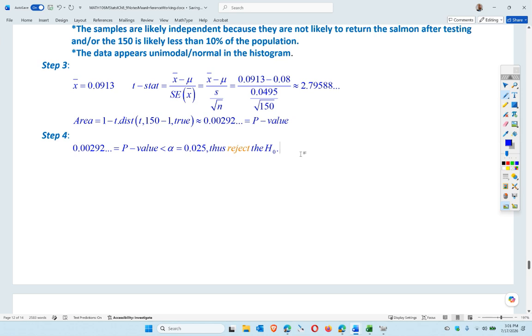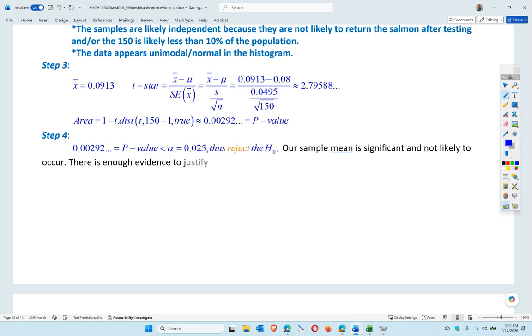This means our sample mean that was given to us is significant and not likely to occur. There is enough evidence to reject the null hypothesis. It is likely that the amount of Mirex is over the EPA limit, because we rejected the null hypothesis.